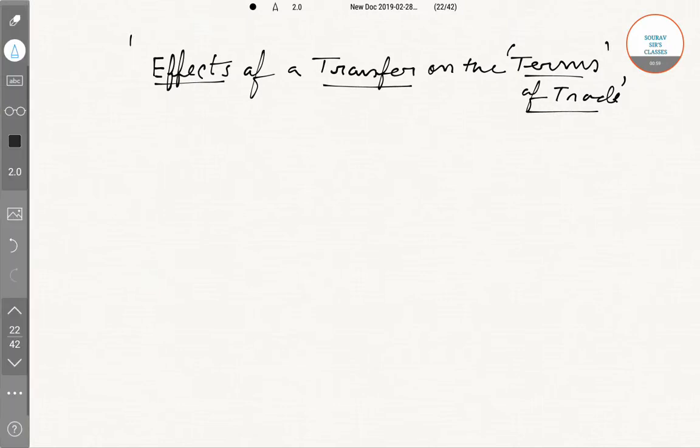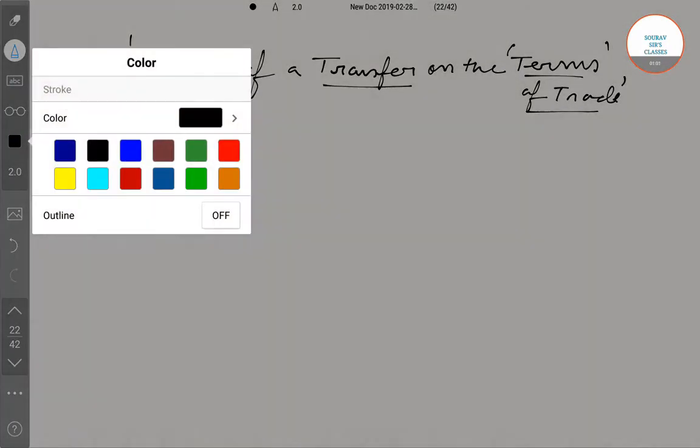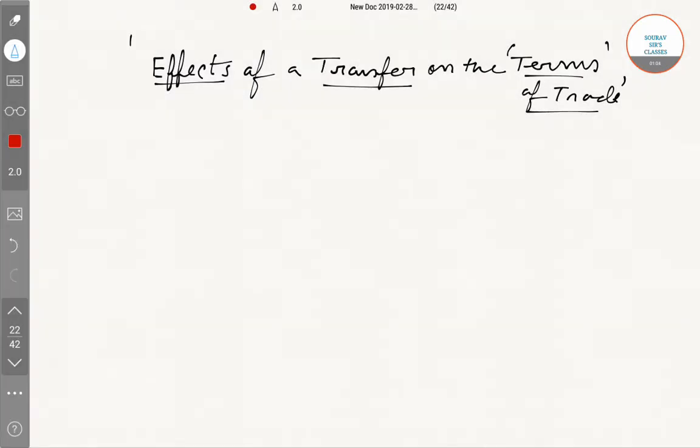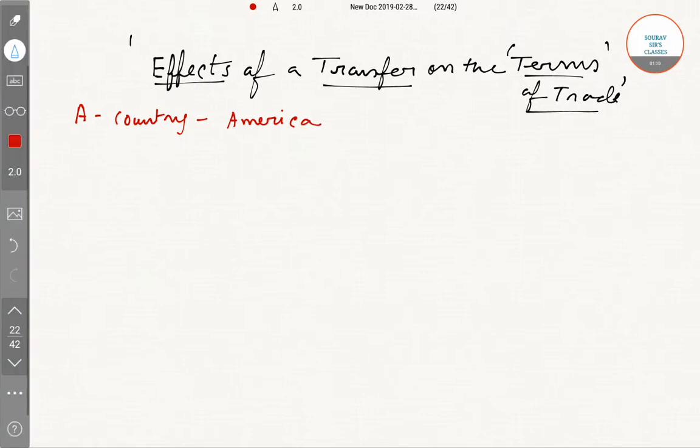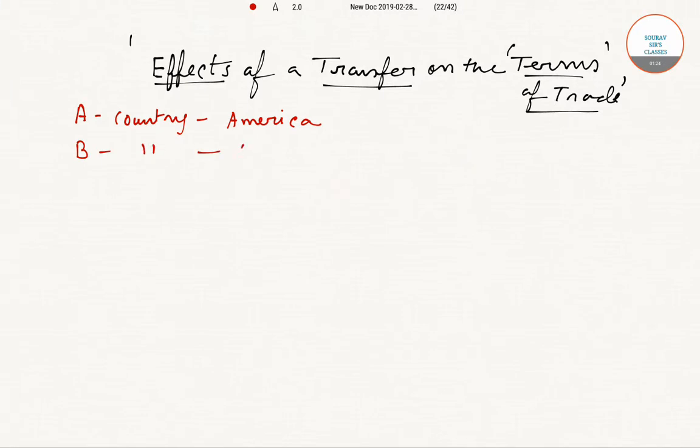For this, first we need to know that, say, A is a country, for example America, and there is another country B, say Britain. So there are two countries, America and Britain.